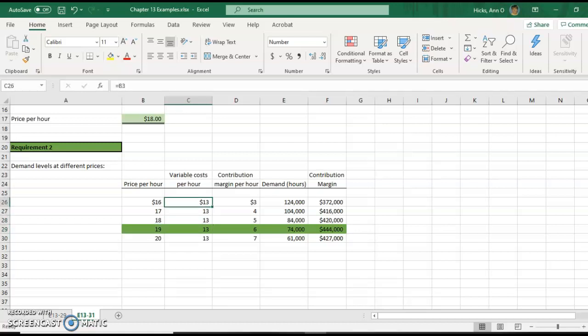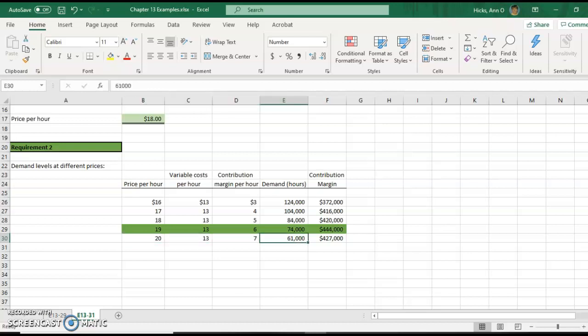And all we're doing here is subtracting the variable cost per hour, which by definition won't change. It's $13. And so the contribution margin at $16 per hour is $3, and then it moves up by $1 until we get to $7 per hour at a price of $20 per hour.